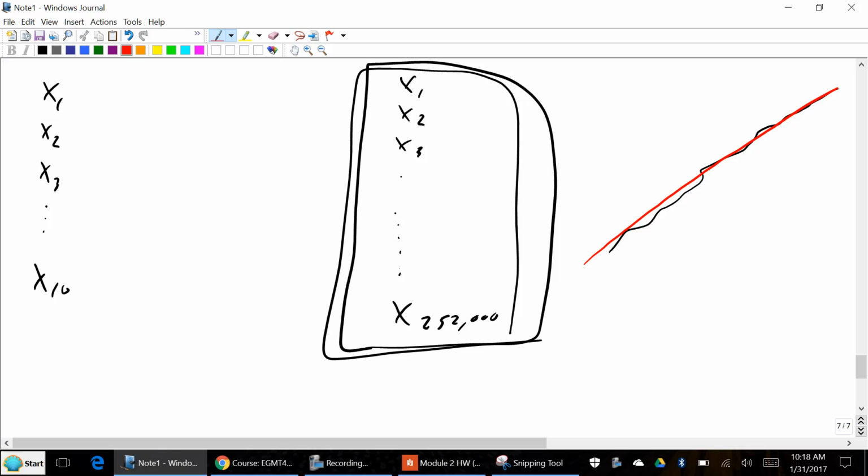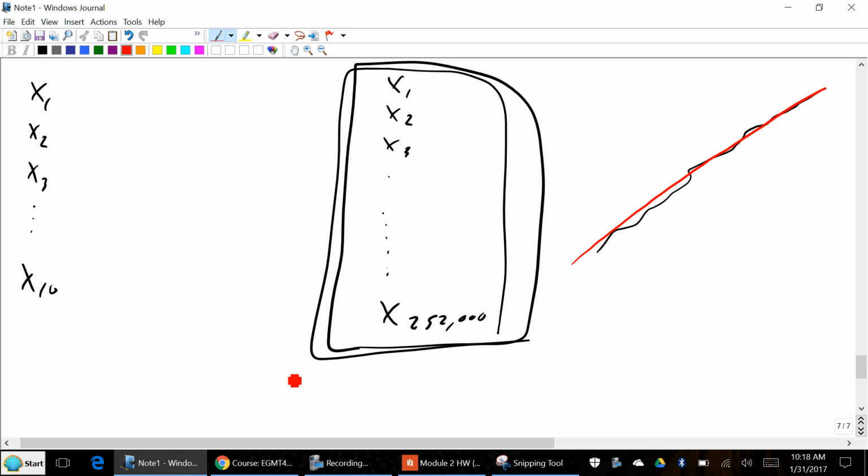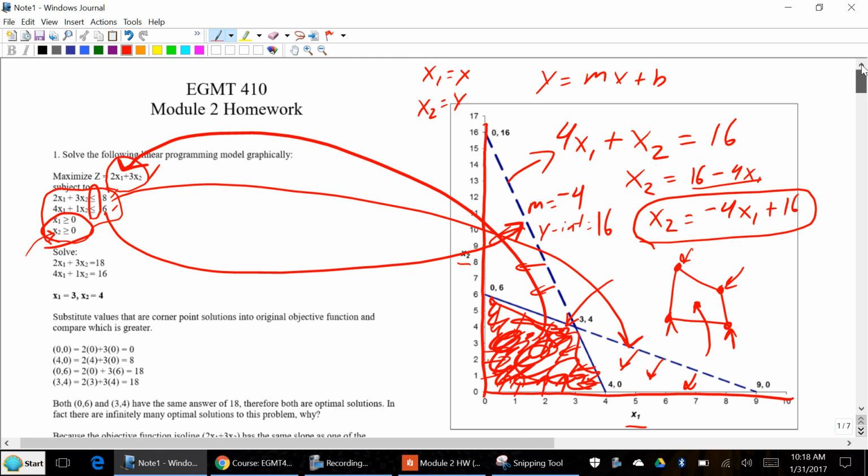Are there any questions on the homework? Did everything I do make sense? So this is a very low-level, not real-world example. These are just functions I made up to prove a point, but I want you to understand what is fundamentally going on graphically with these models.